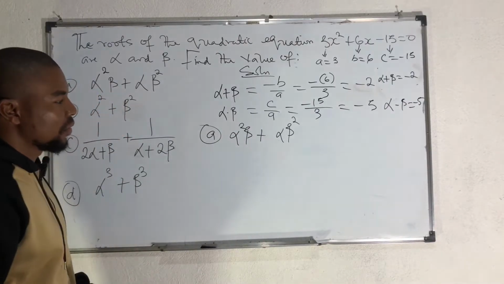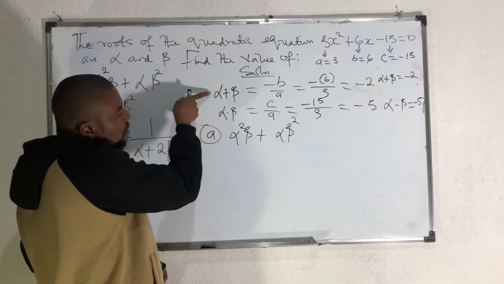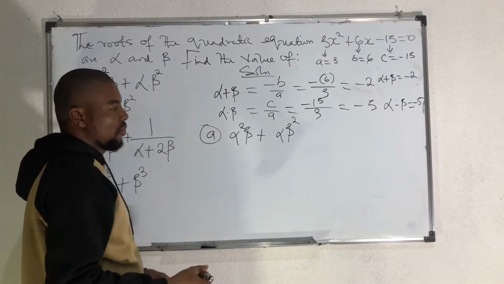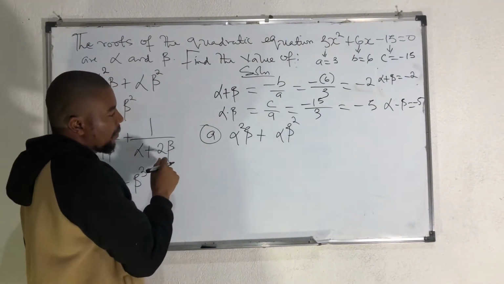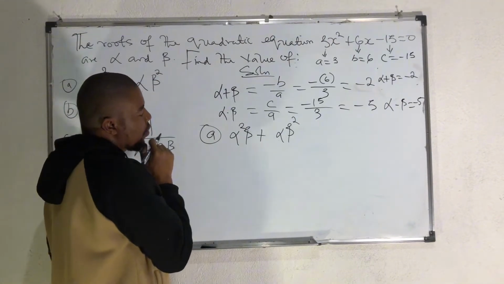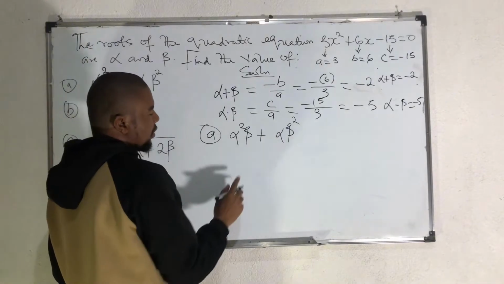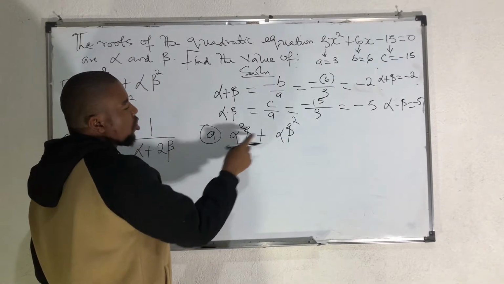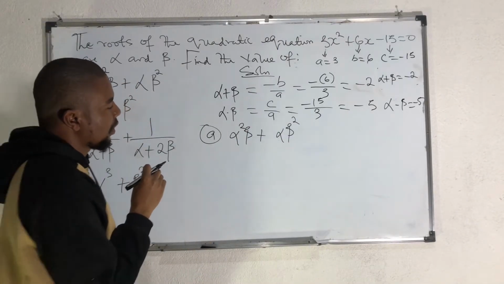How do we now solve it? Remember I said you must transform this thing into this and this before you can start solving. How do you do this? If you want to solve this one here, we've seen that we have alpha beta plus alpha beta, which means that alpha beta is common between the two. In this case, we can factor out an alpha beta.